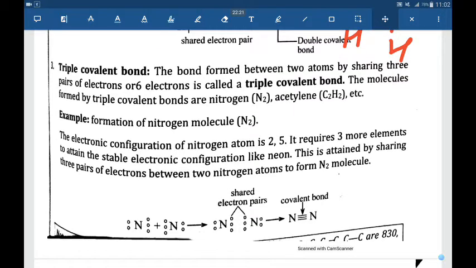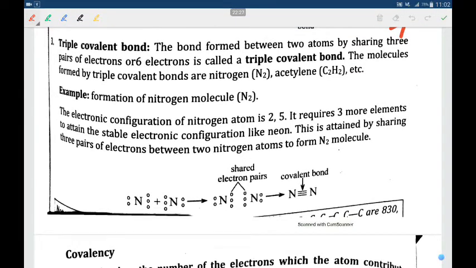Next one is triple covalent bond. What is triple covalent bond? Very easy. The bond that is formed by sharing 3 pairs of electrons, how many electrons? Either 3 pairs or 6.